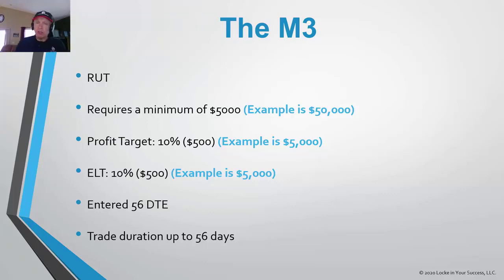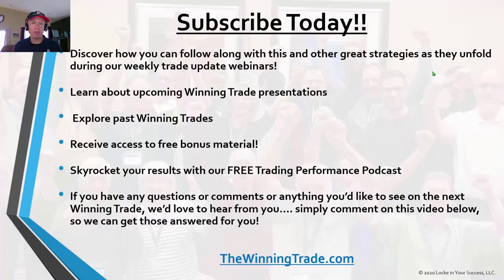The exit loss trigger in the strategy is also $5,000, or 10% of our planned capital. The strategy is entered 56 days to expiration, and the configuration is a butterfly with a call, and the duration is up to 56 days if we stay in the trade till expiration, which is kind of rare, but it does happen from time to time.